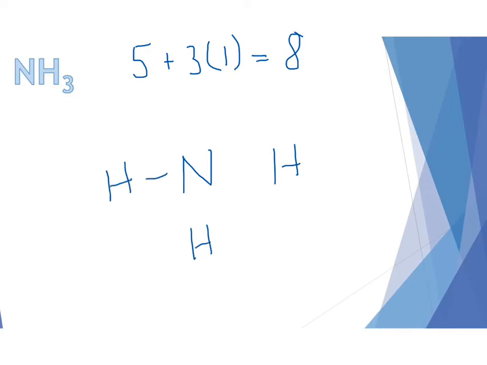We begin with single bonds between the nitrogen and the hydrogen, and we have used 6 electrons total of our 8. Hydrogen is happy if it only has 2 electrons, which it has with those bonds. So we are going to add the 2 electrons onto our nitrogen. That is the Lewis structure for ammonia.